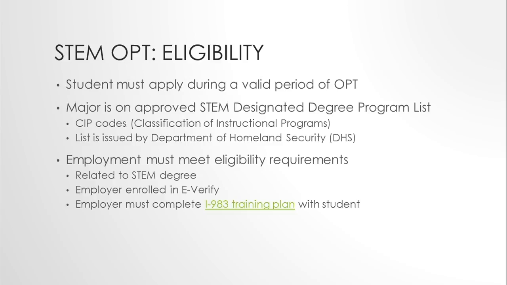Through this, the Department of Homeland Security maintains a list of all of the SIP codes that would be eligible for the STEM extension. At Iowa State, some of the main ones: you get all of the engineering, management information systems, a Master of Finance degree, chemistry, mathematics, biology, physics, computer science.